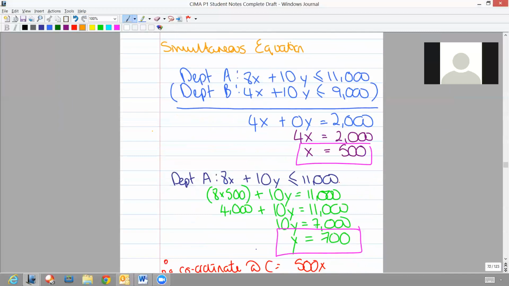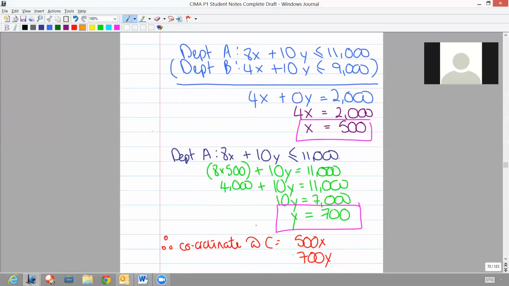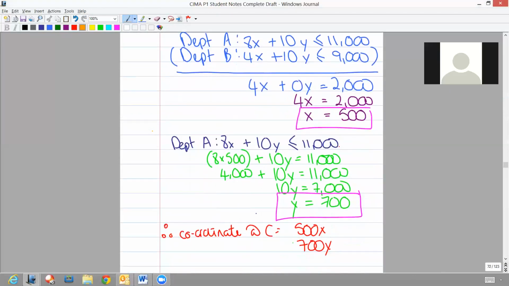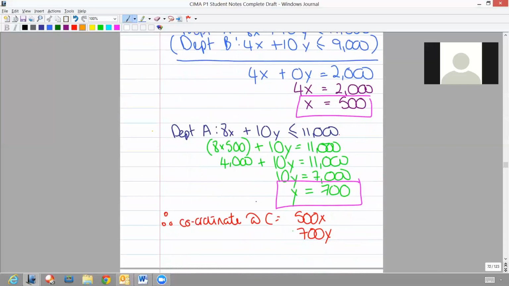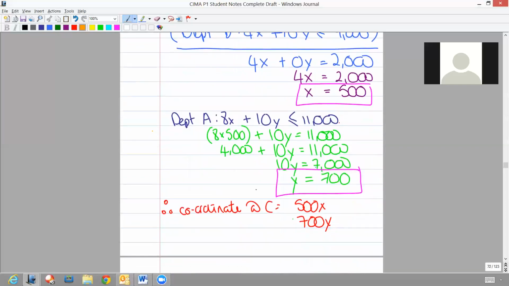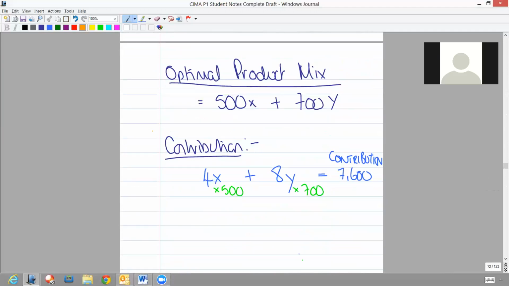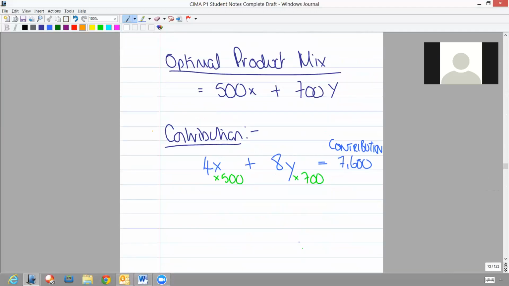You can then find the value of either x or y, push that into your constraint to calculate the other product and therefore giving you your optimal solution and the value of your product mix, which in this case is to make 500 x's, 700 y's, each earning a contribution of 4 for x, 8 for y, giving you a total contribution of $7,600.